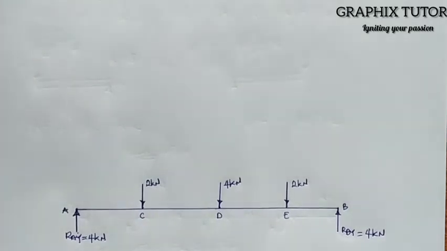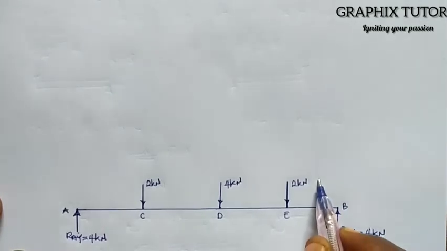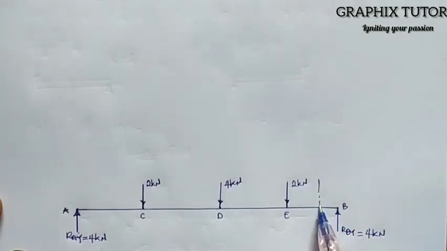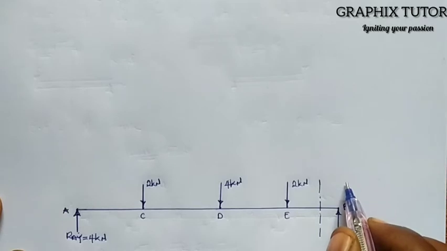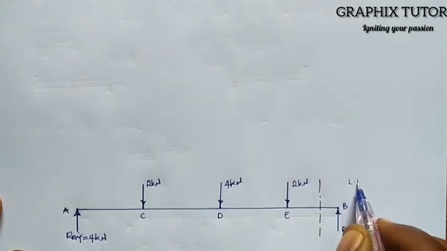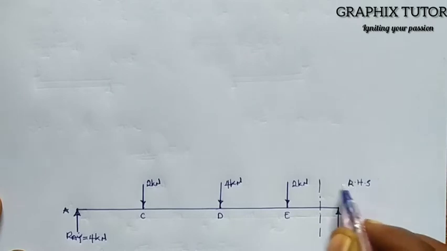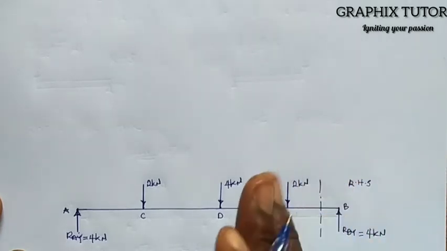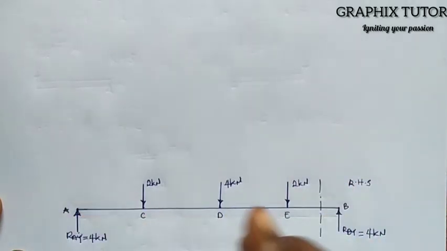So calculating for shear force that we want to look at now. The first thing we need to look at is shear force at point B. So shear force at point B means that what? We are going to section point B. Right? So sectioning point B, we have the right hand side here, which is this side, and we have all this side from here to this side to be what?